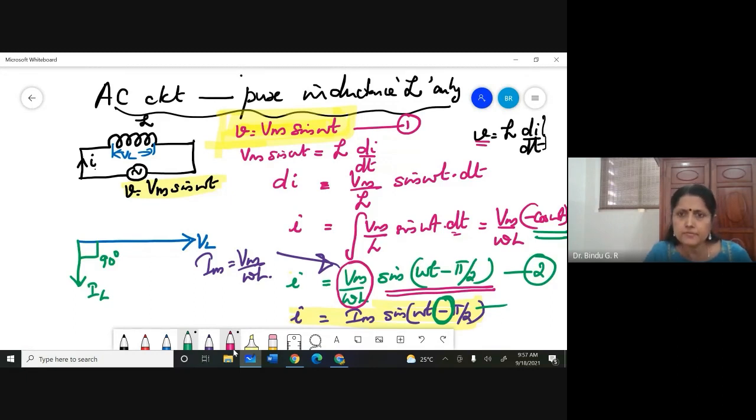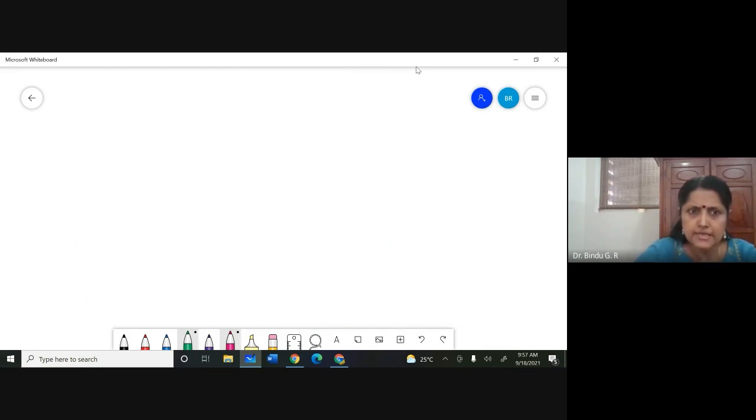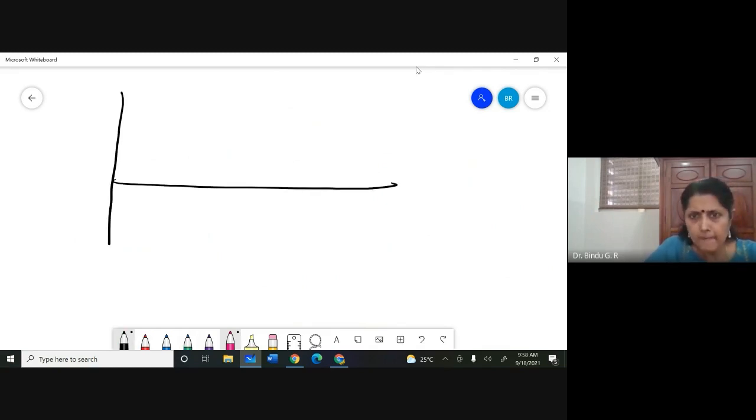Albin? Yes, ma'am. Okay. So here I represented this quantity by equation as well as phasor. Now the third kind of representation that we were talking about was the waveform. Okay. Suppose I take V, I and power here.